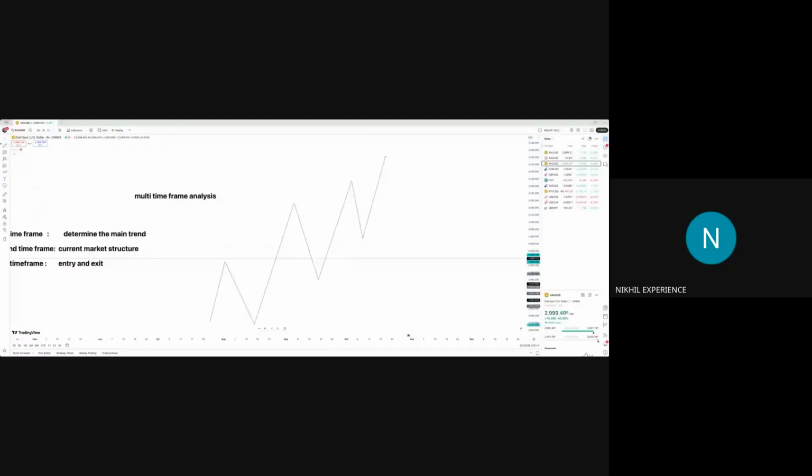The next thing you want to do is you can either mark out your key levels on this higher time frame or you even leave it. Most times I don't even mark key levels anymore on higher time frame. But then you can mark out key levels.